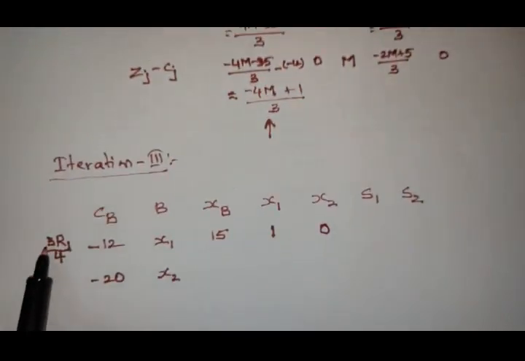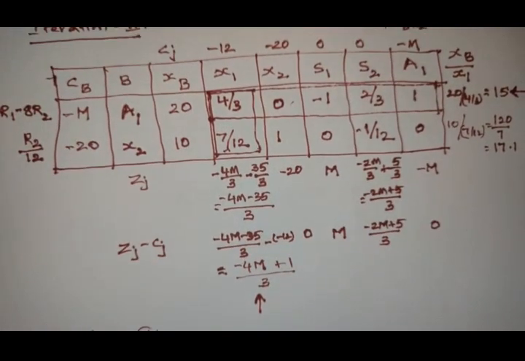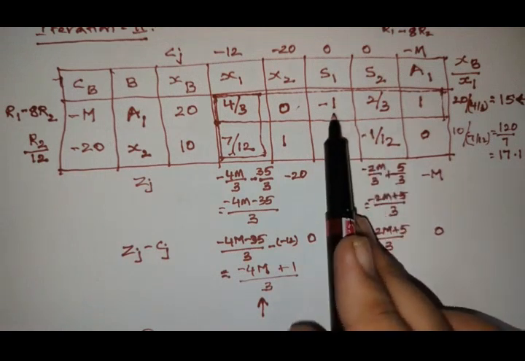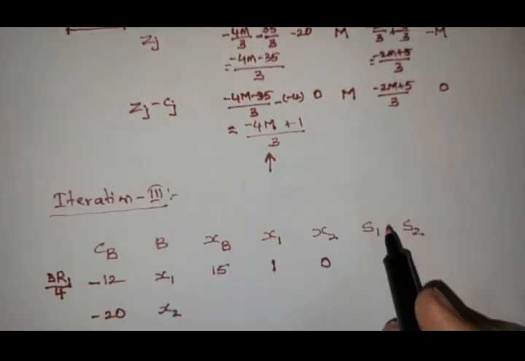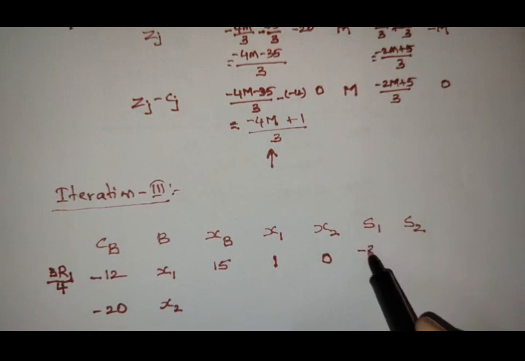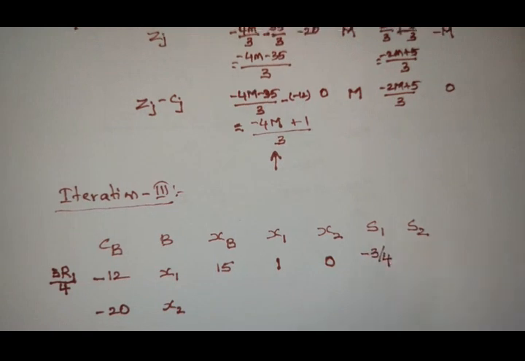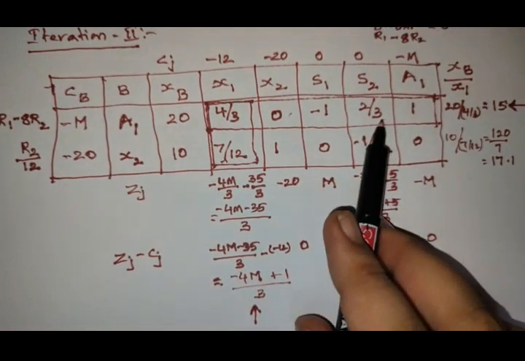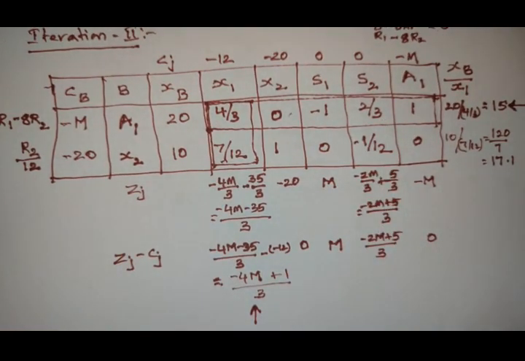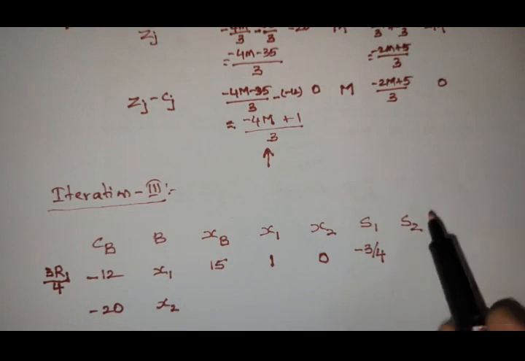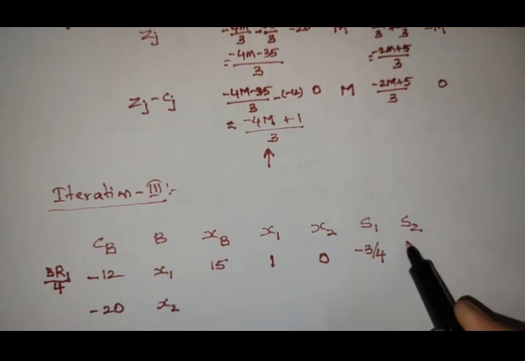Next, 3 by 4 into minus 1, so it will become minus 3 by 4. Next, 3 by 4 into 2 by 3. How much will we get? 1 by 2.